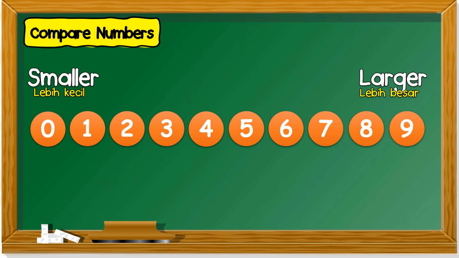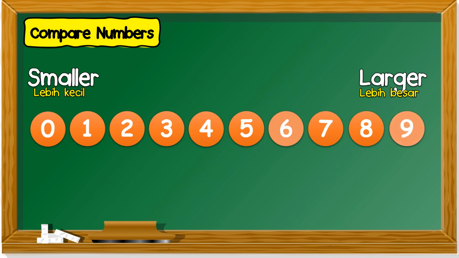In 0, 1, 2, 3, 4, 5, 6, 7, 8, 9, we can see here that 0 is smaller than 1. 2 is larger than 1. 9 is larger than 7, larger than 6, while 6 is smaller than 9.